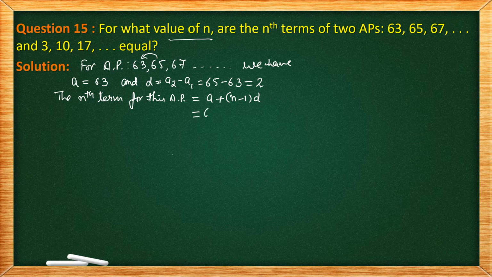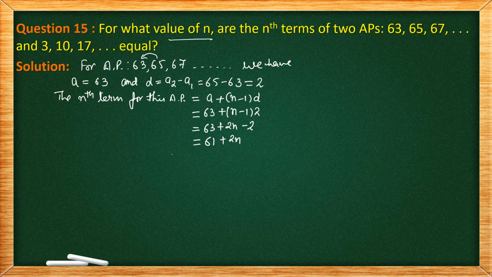Now A is 63 plus n minus 1 into D, D is 2. So this is equal to 63 plus 2n minus 2, and when we solve it further we will get 63 minus 2, 61 plus 2n.